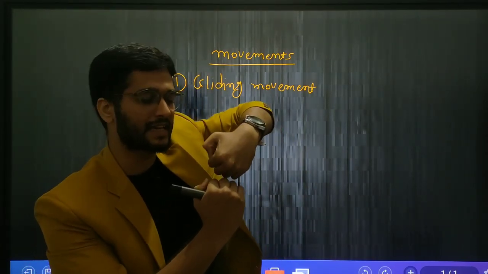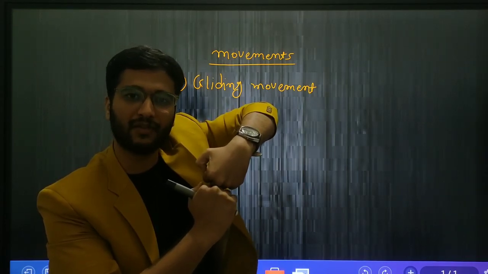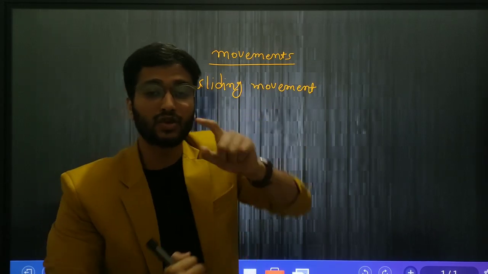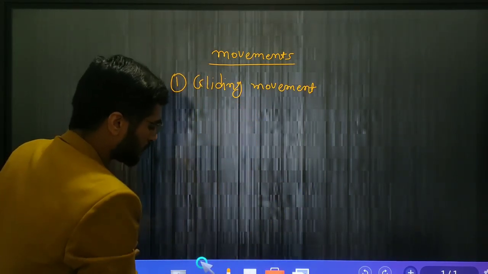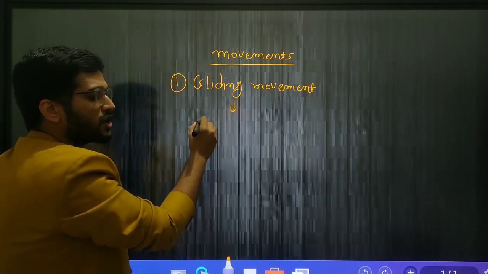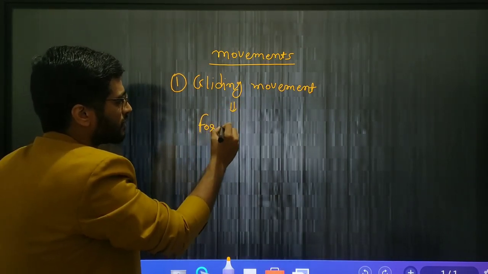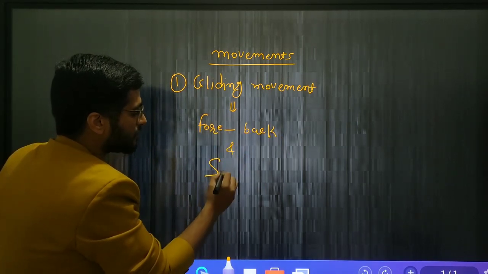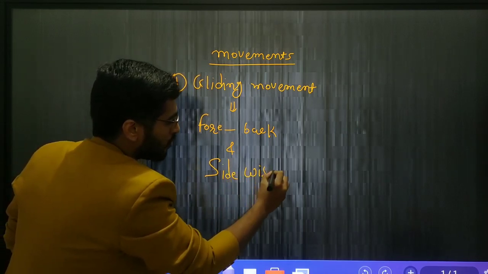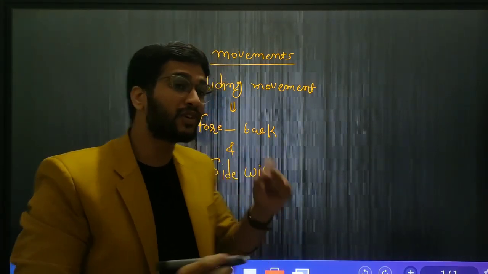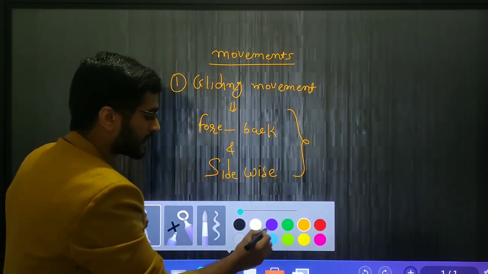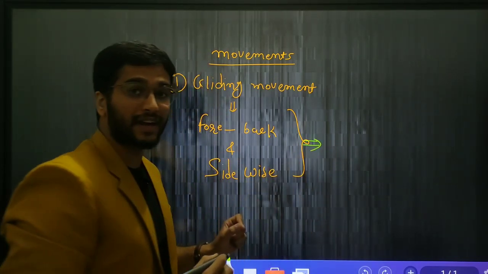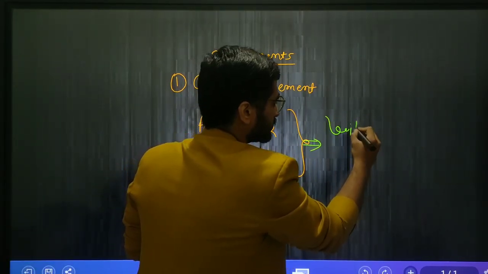Between the flat surfaces, there is anterior-posterior, meaning forward-backward movement, and sideways movement that has to be performed. But the very important thing is what?